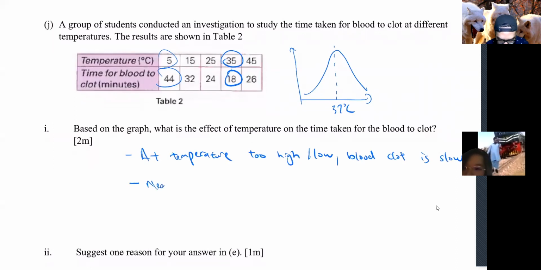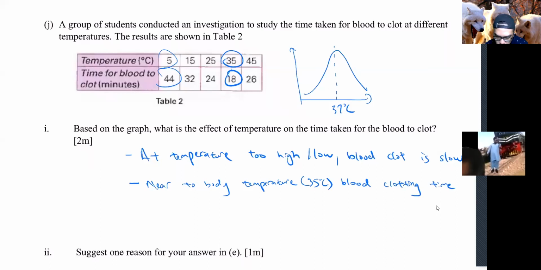Near body temperature, or 35 degrees Celsius, blood clotting time reduces. Why? Because all these things are activated by enzymes. Thromboplastin is also like an enzyme. That's why you need 37 degrees Celsius. All your body processes need 37 degrees Celsius. That's why it's very important.